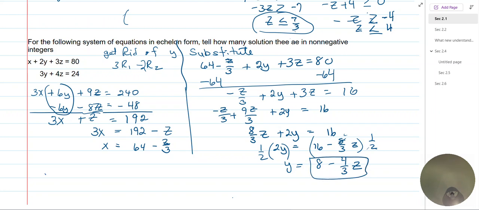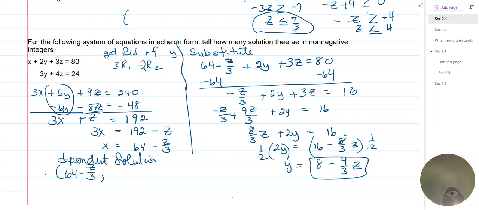This was nasty, right? So now I have, for my unique solution, no, my dependent solution, I apologize for that again. I have, for my x, 64 minus z thirds.